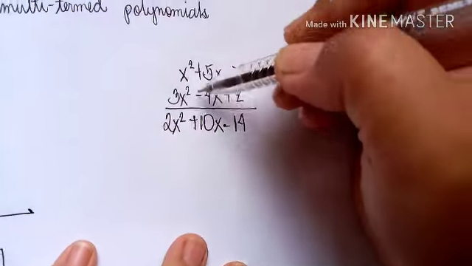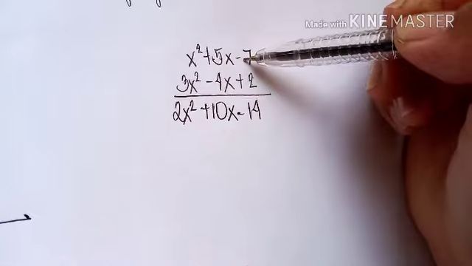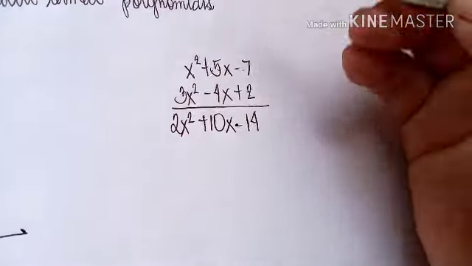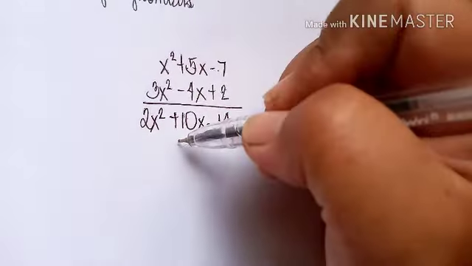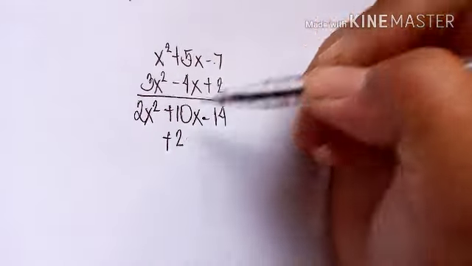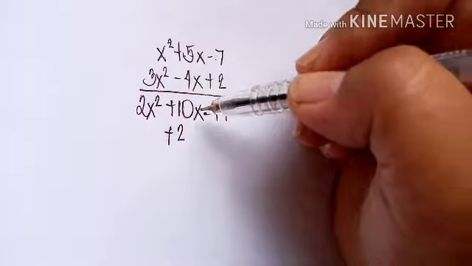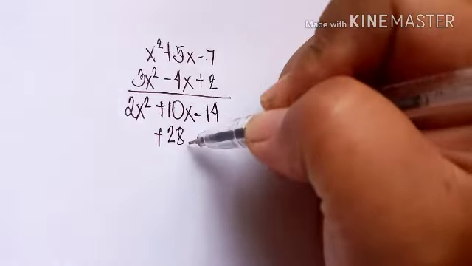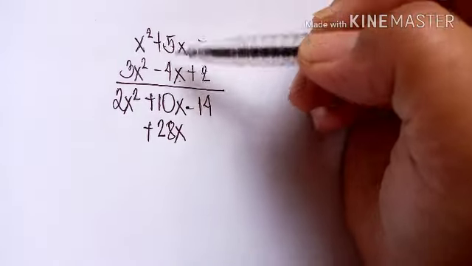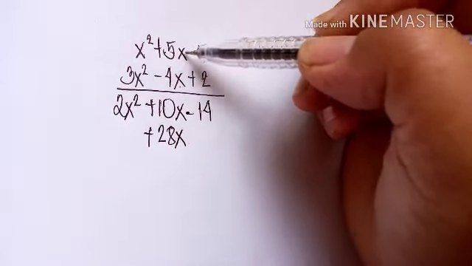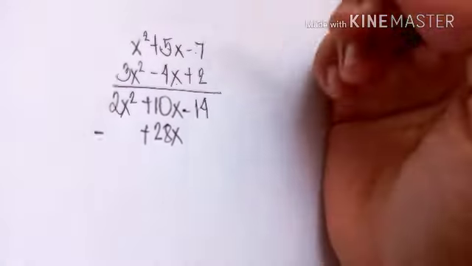Let's now go to the second term. We have negative 4x times negative 7. That is positive since they're both negative. So positive 28x, and then negative 4x times 5x, that is a negative number.